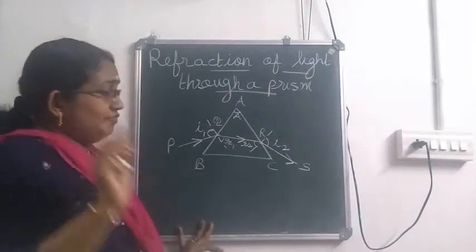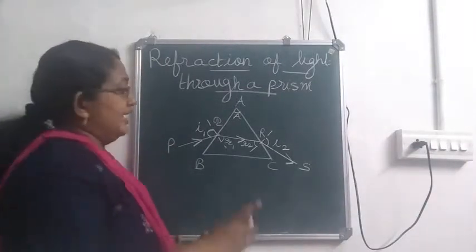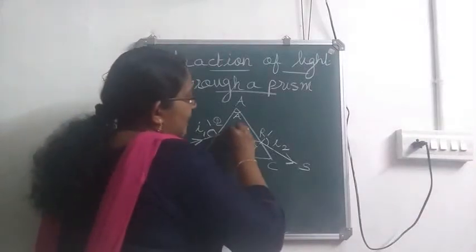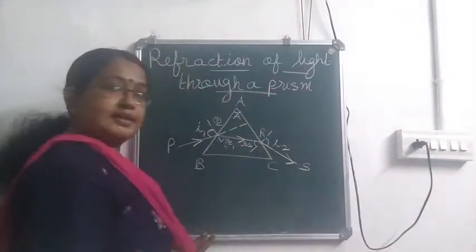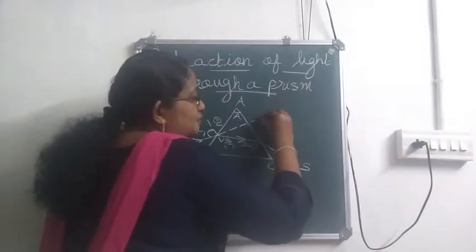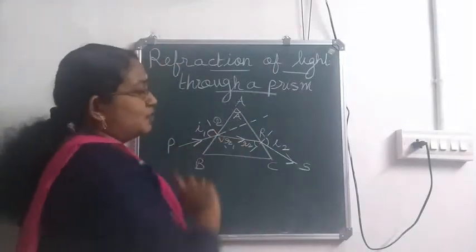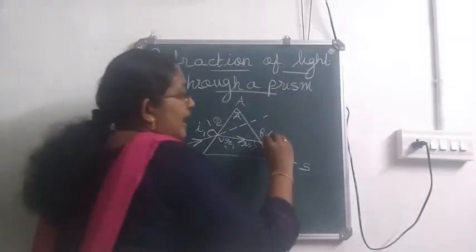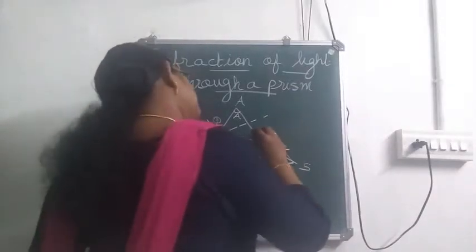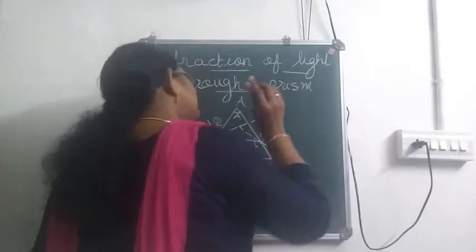Now, if this prism was not there, this ray would have gone like this, isn't it? If there was no prism, there won't be any bending and the ray would have gone straight. Now, I am extending this emergent ray in the backward direction.